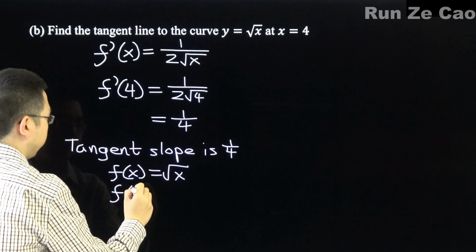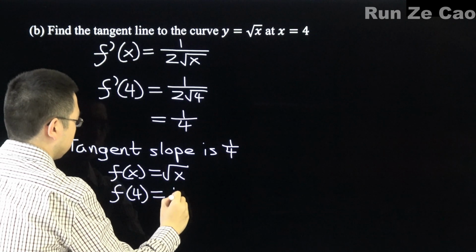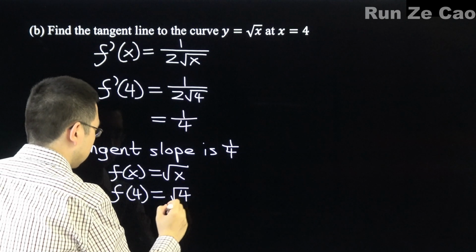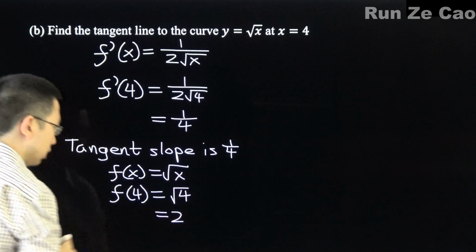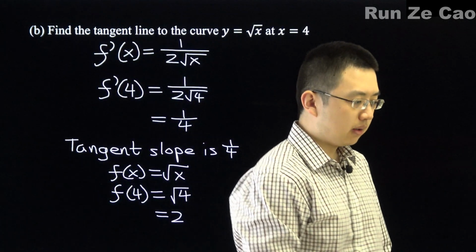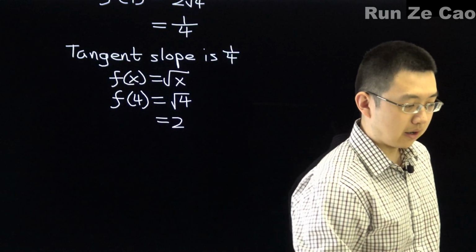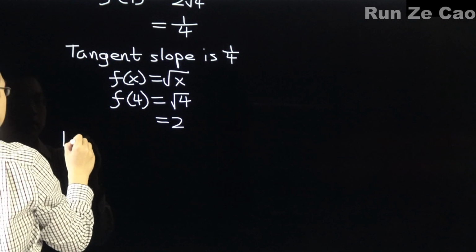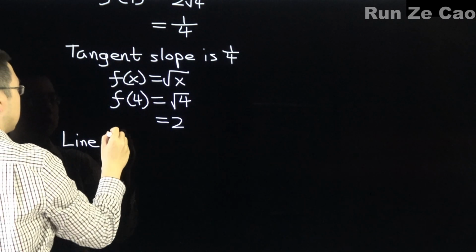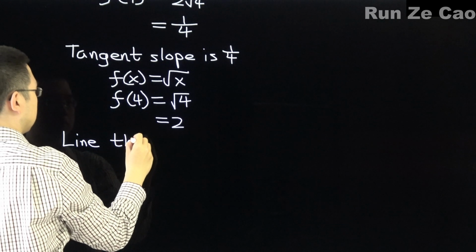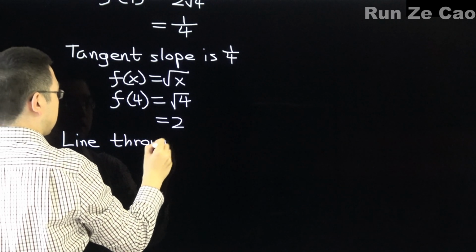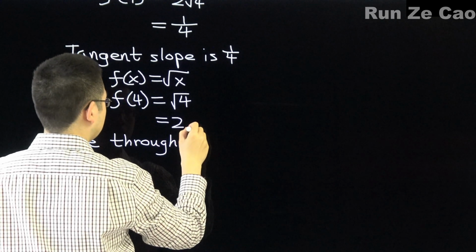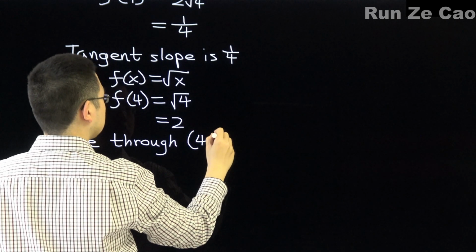And you'd go to f of 4 equals root 4 equals 2. So I'm going to make a note for our learning purposes that the tangent line goes through 4, 2.